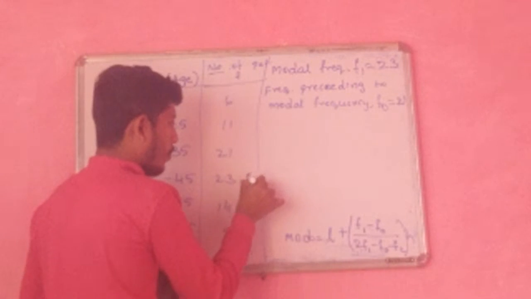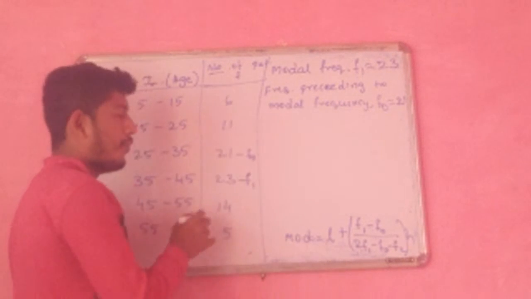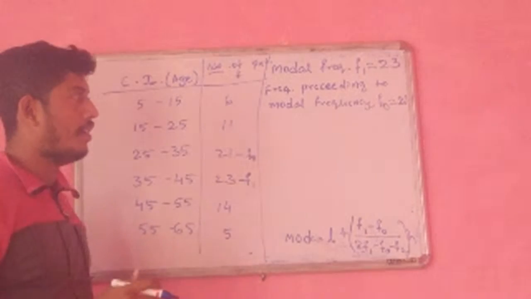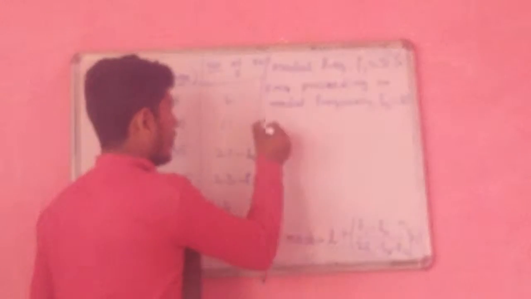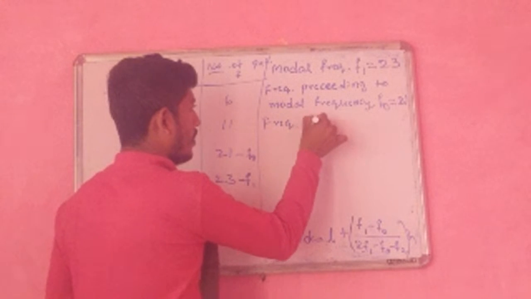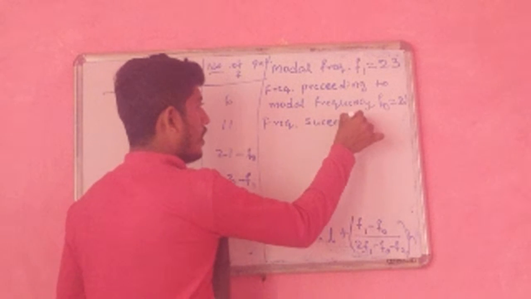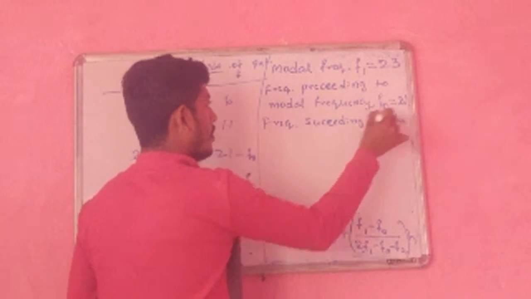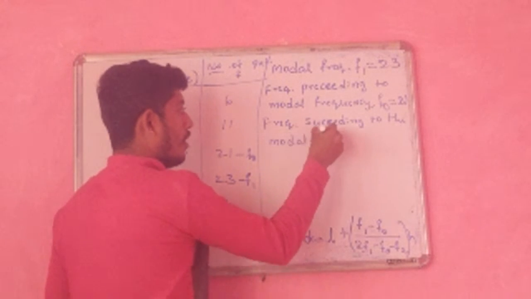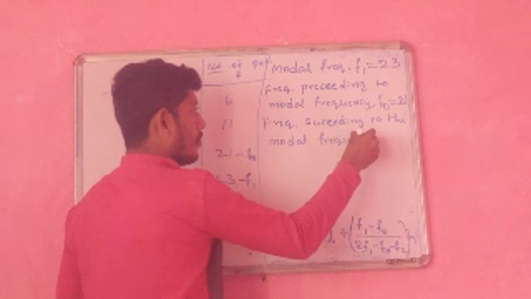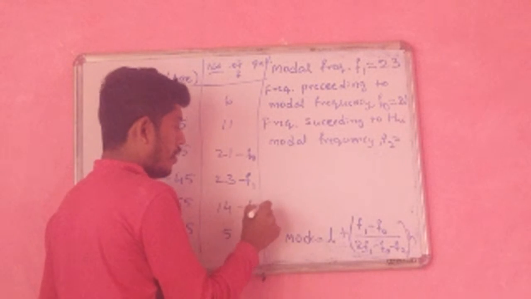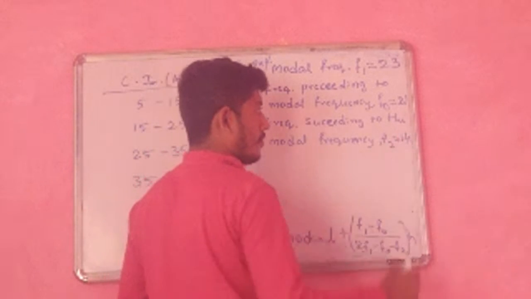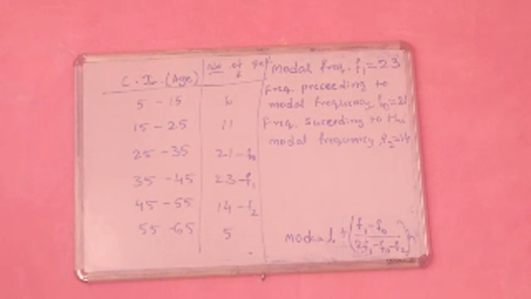This is F1, this is F0. Now F2 means the frequency succeeding the modal frequency, that is after the modal frequency. That is F2, and the F2 value is 14. We just look at the values of F1, F2 and F0.